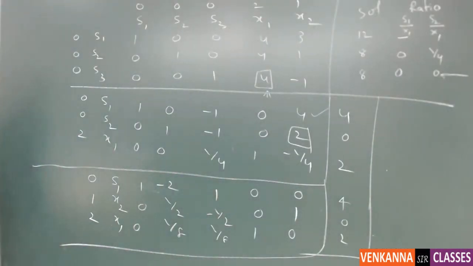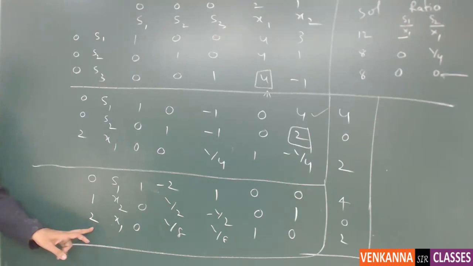So can you check ZJ as well as CJ minus ZJ values for this table? And should you check any feasibility? Is the optimal attained or not? Or you are going to take any pivot element again after this step?